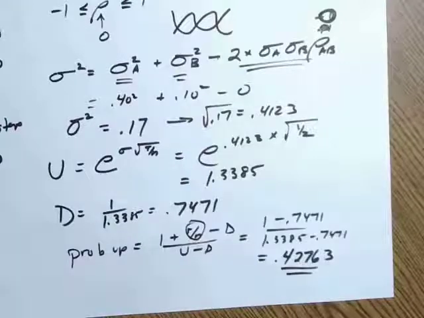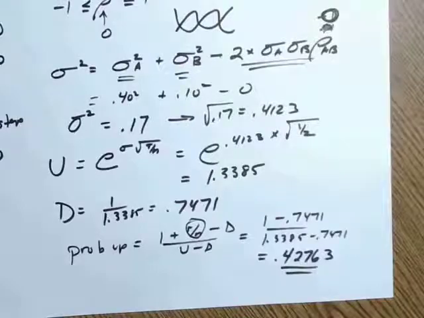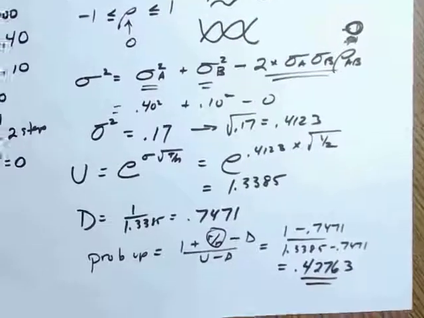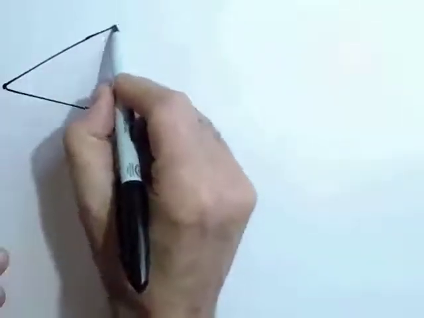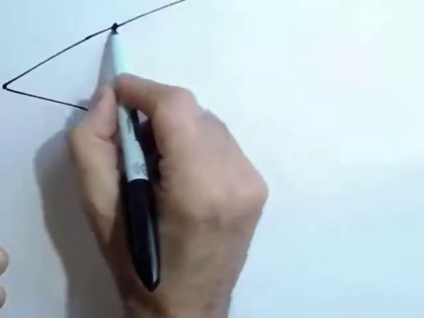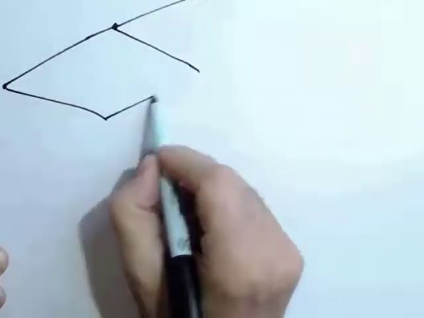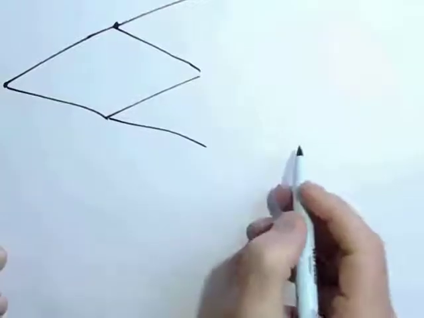Okay, so let's model this with a binomial. Let's get the lattice work together here. I'm going to draw the lattice. Now again, you can't really draw two lattices, because how do they interact?